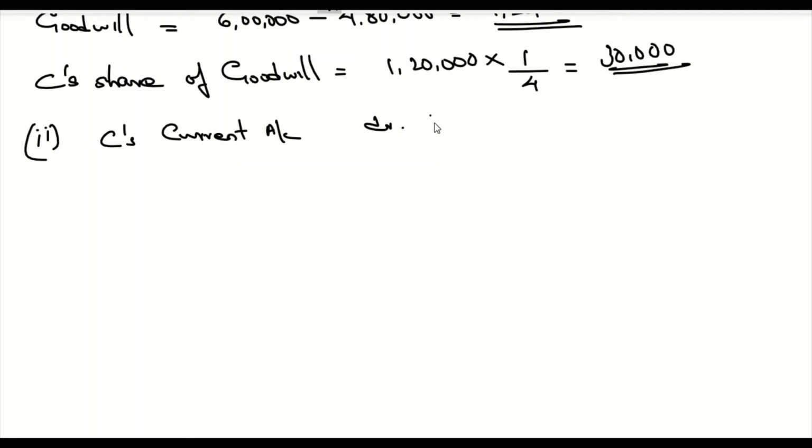We know the value, it is 30,000. To A's capital, to B's capital. Now we have to credit it to the old partner's capital account in the sacrificing ratio. We don't have the sacrificing ratio, so we need to calculate sacrificing ratio here.